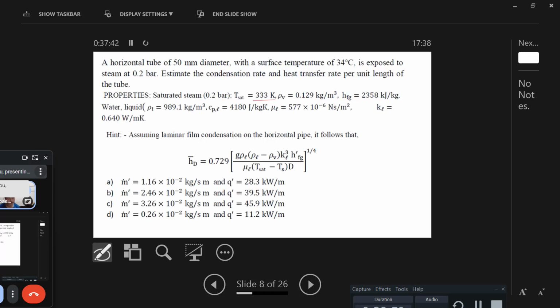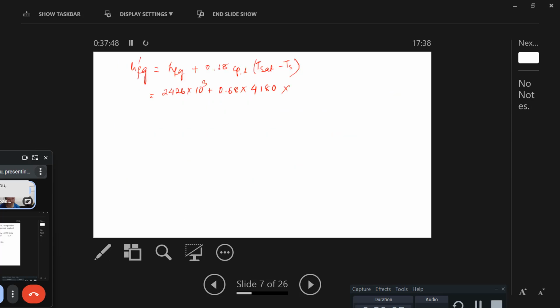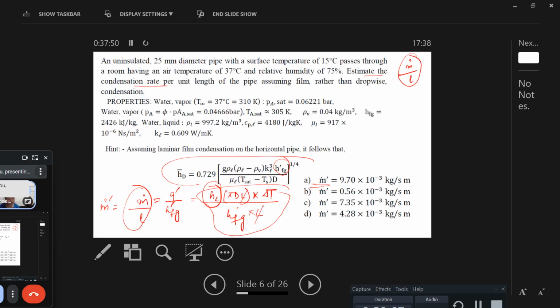4180 into T sat minus TS. T sat is 333 and TS is, sorry, that was another question. So where is the T sat?